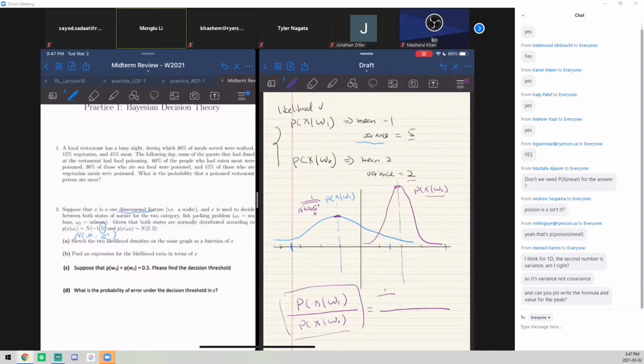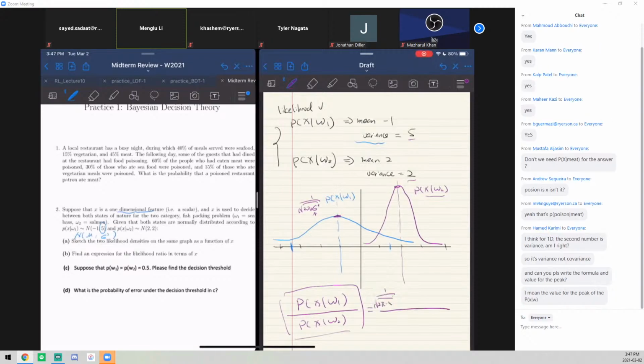For the first part, the peak of the Gaussian is this one.